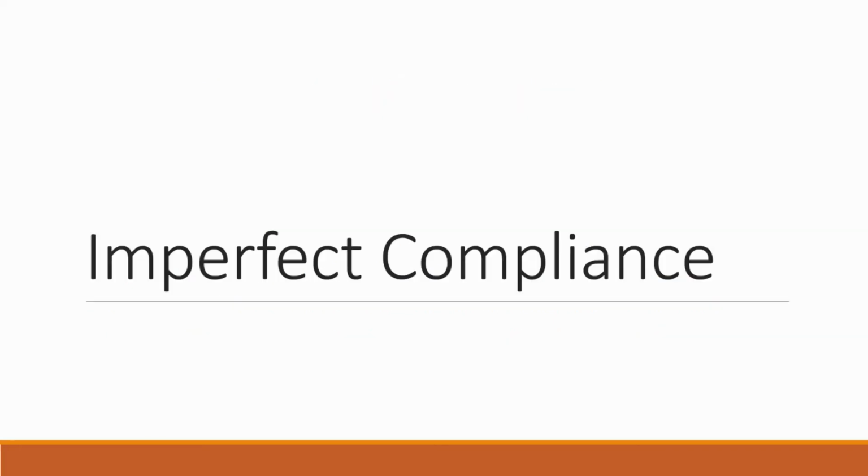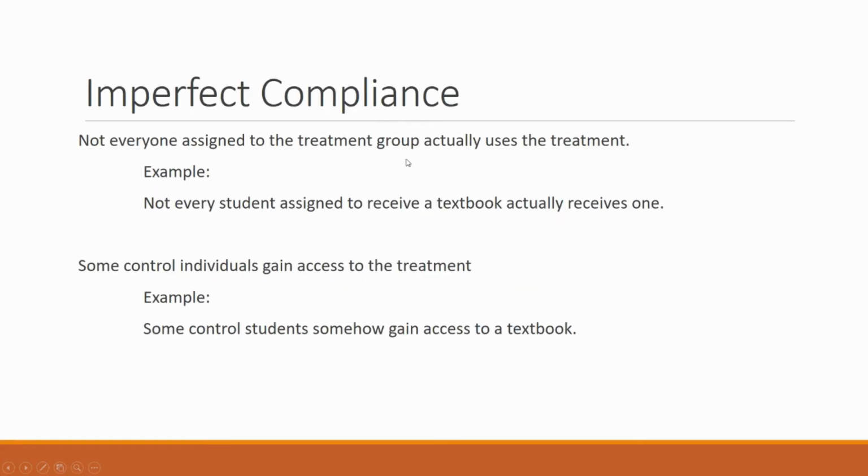Now, the other potential source of bias: imperfect compliance. What is imperfect compliance?